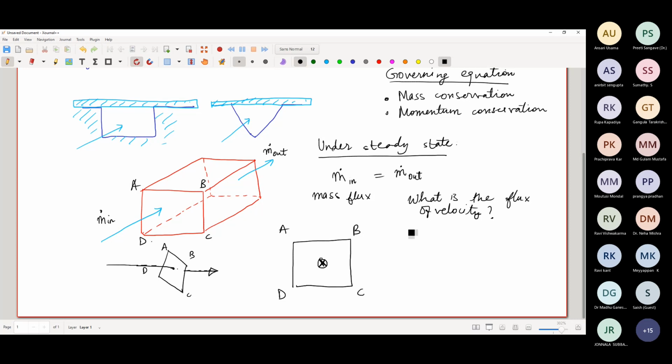So let us write down the flux of a velocity. So the flux will be equal to the velocity multiplied by the projected area.